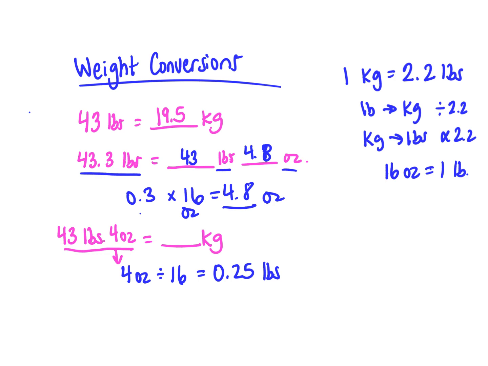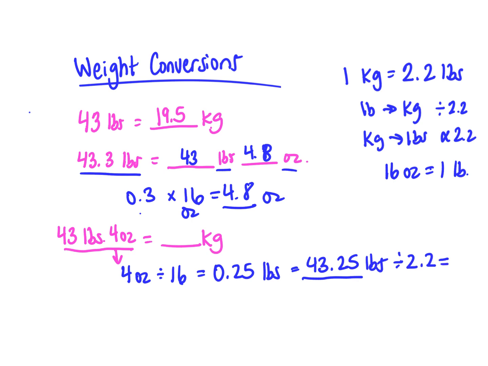So now you have 43.25 pounds. Now you can take your whole pounds and ounces here in the decimal format, and you can divide by 2.2 in order to give you your kilograms.